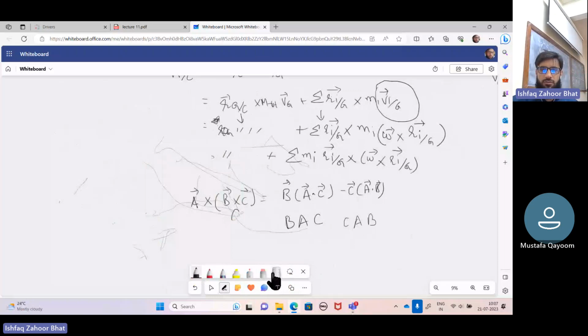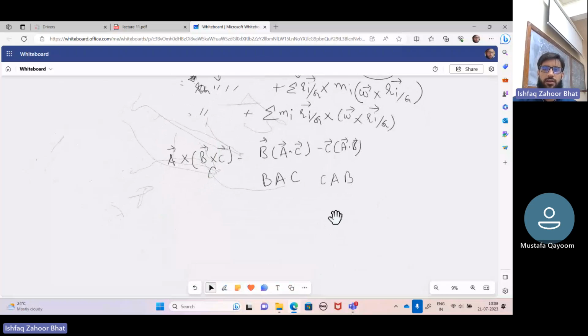Now we will be applying this formula here to see what magic we can get out of this. Applying this, what will we get? This first term is the same, I am not writing it. The second term will be: this is A, this is B, and this is C. So the first term will be back, that is omega cap, back A. What is A?